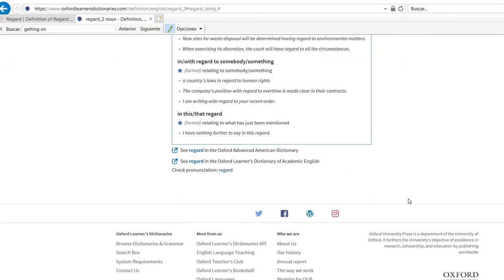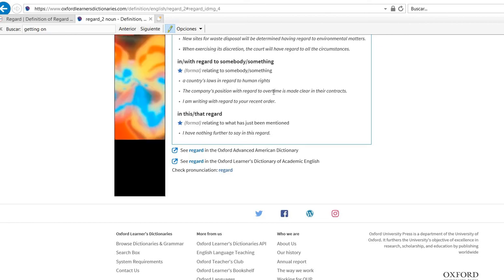So you will see that there's no S in regard or with regard to somebody. A country's laws in regard to human rights. The company's position with regard to overtime. Be careful, overtime, so not as extras, right? It's not extra time. I'm writing with regard to, not with regards to.